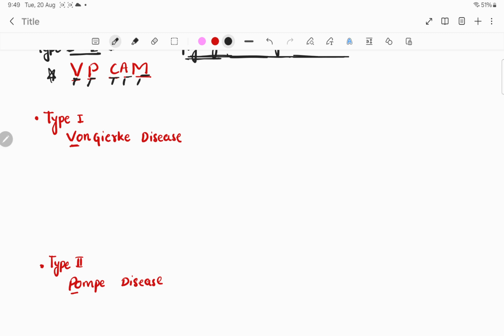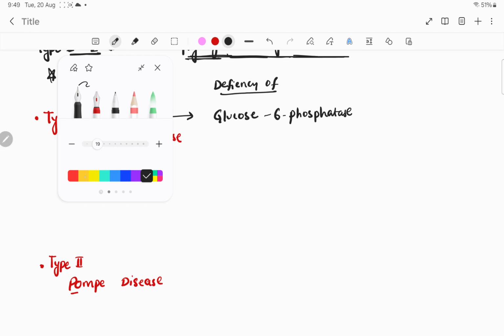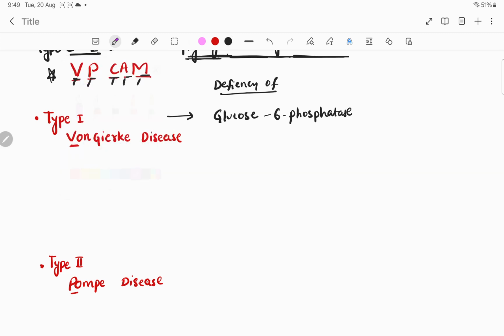Let's discuss Von Gierke disease. Type 1 is Von Gierke disease. It is due to the deficiency of the enzyme called glucose 6 phosphatase. Here we can see features like fasting hypoglycemia.